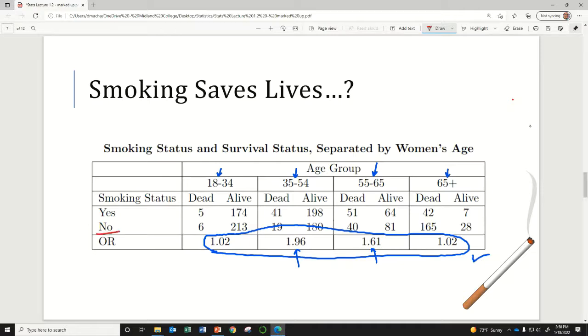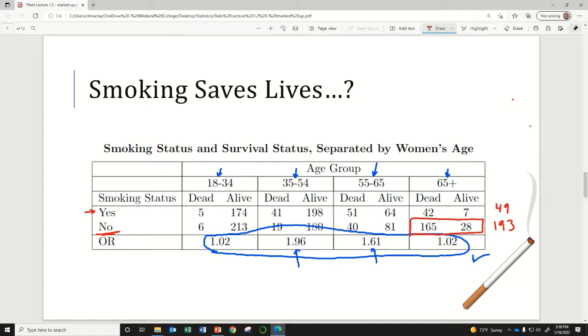So among the people who do not smoke, the number that were 65 and up is really, really large. Like 165 plus 28, that's like 193, I think, non-smokers. And in the same group, the oldest age group, they actually only had 49 that belonged to the smoking status, right?